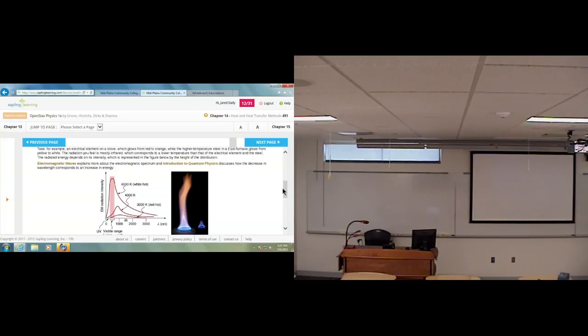As things are cooler, let's say about 3,000 Kelvin, this lowest peak down here, you still get some stuff in the visible range, but most of it's towards the right end, or the long end of the visible range, which is the red end. And so that's when we call things red hot. In between, they can be yellow and green and blue hot, at 4,000 and 5,000, whatever, Kelvin.